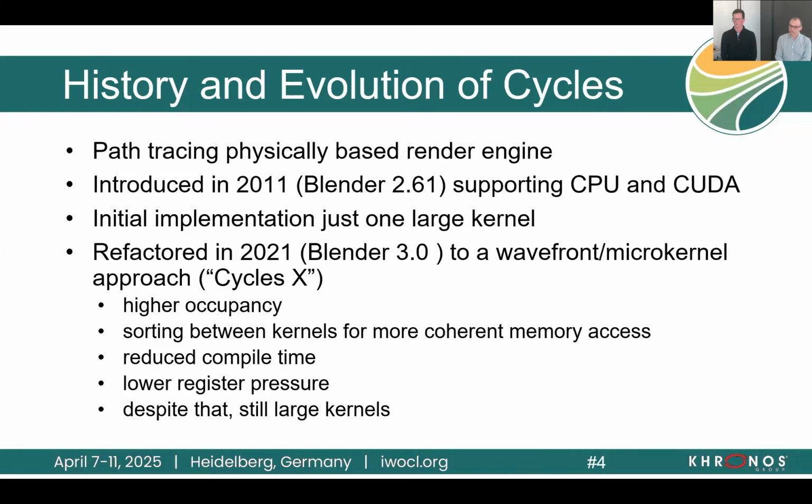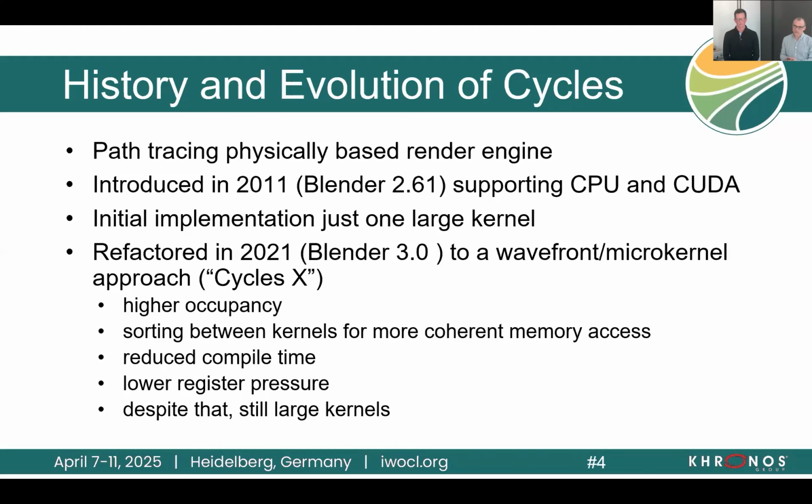In 2021, it was refactored to what is usually called a wavefront or microkernel approach, which splits the rendering into several steps. You can split out the intersection into one kernel, which is finding what geometry is visible. Then you have the shading and lighting in a different one, with some sorting in between. That helps you get higher occupancy because your paths may not always have the same length that you trace through a scene.